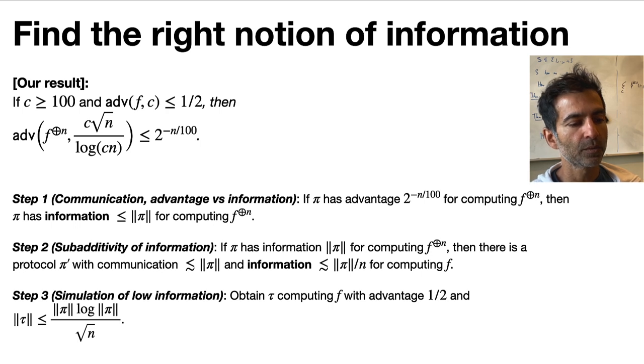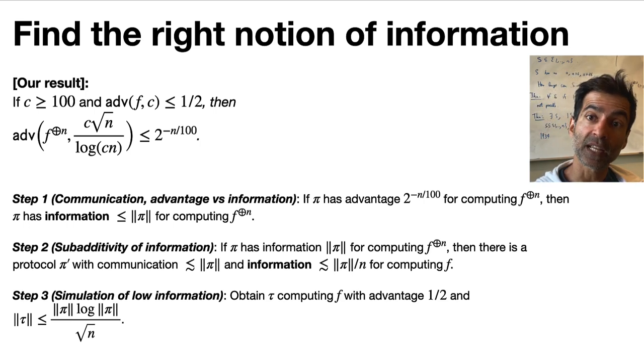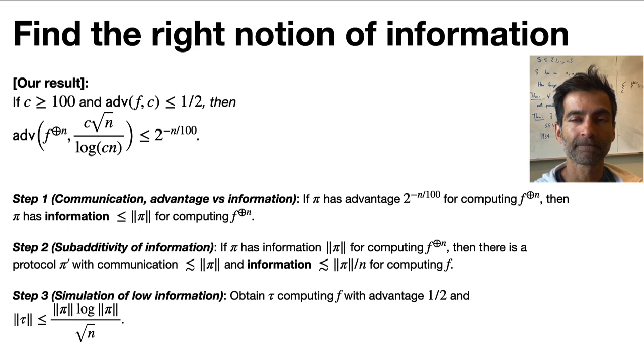And then in step 2, we prove that any protocol that has a certain communication and small information for computing the n-fold XOR yields a protocol for F where the information goes down by a factor of roughly n. Okay, so this is the analog of the subadditivity in Shannon's argument. So the information is subadditive.